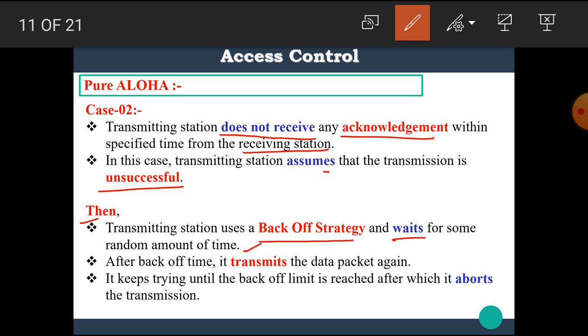After the backoff time, it transmits the data packets again. It keeps trying until the backoff time limit is reached, after which it aborts the transmission.